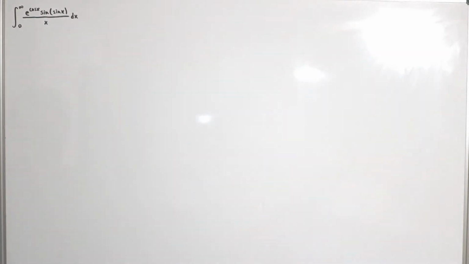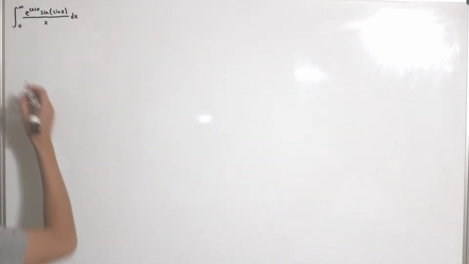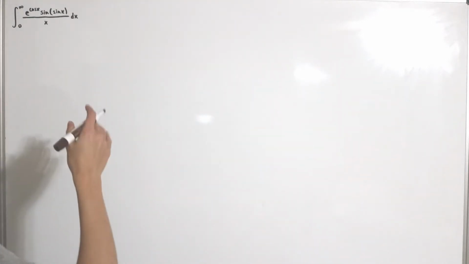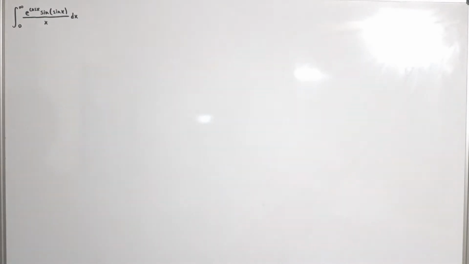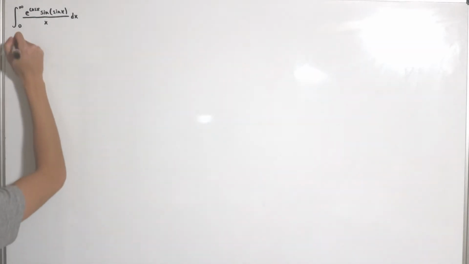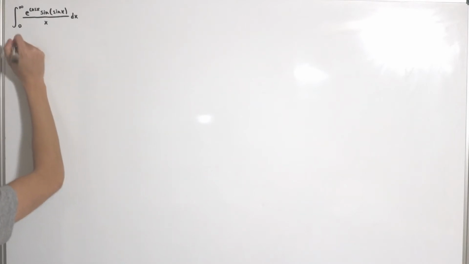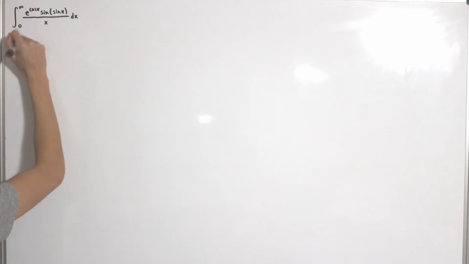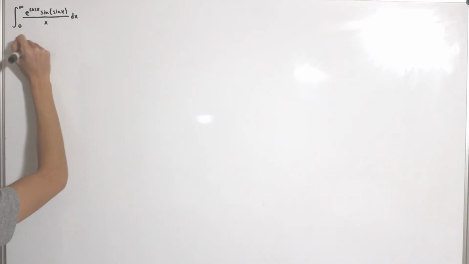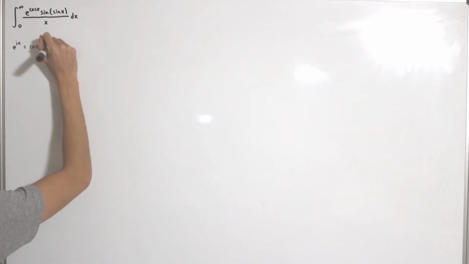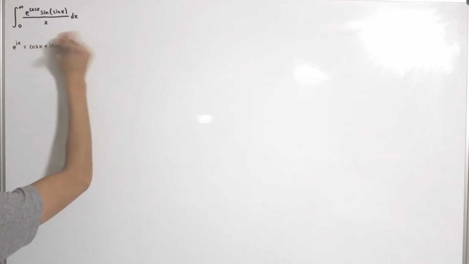So let's first establish what we're going to be using later. Let's establish Euler's identity, or Euler's formula, that's what I meant to say. It's defined as e to the power i times x is equal to cosine of x plus i times sine of x.